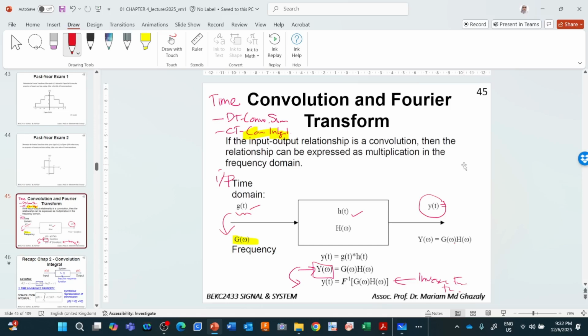And then you have another one, the convolution sum, for discrete time.